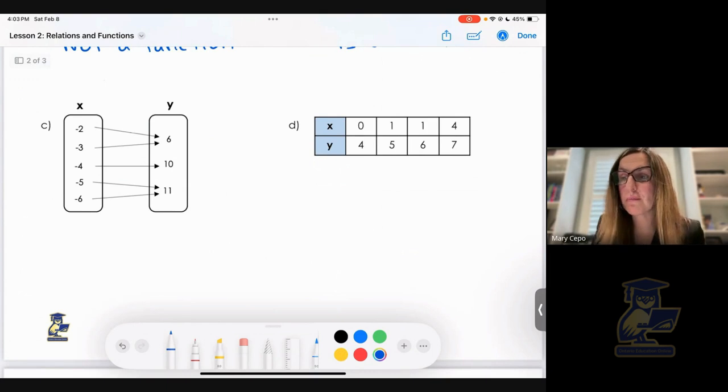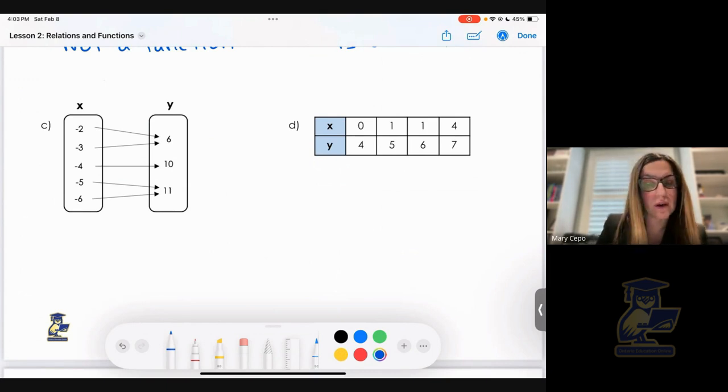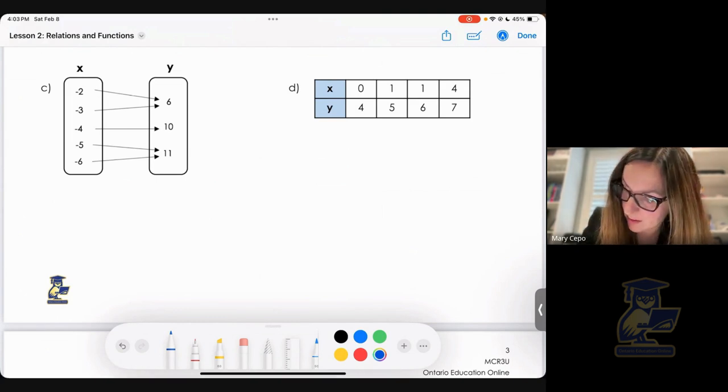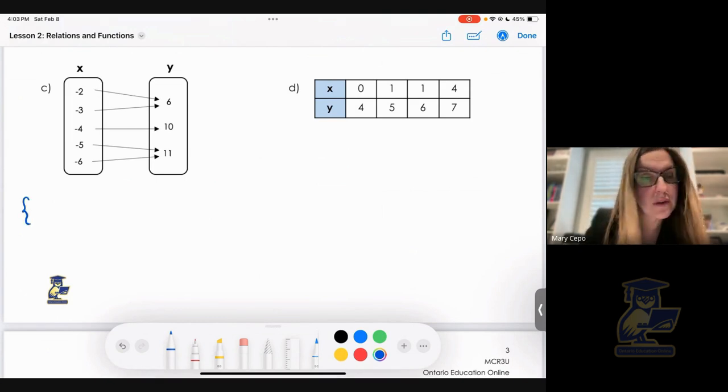Okay, looking at our mapping diagram, we have a set of x values and we have a set of y values. Again, sometimes it's easier to rewrite the mapping diagram and show your relation as ordered pairs. And then we can quickly see whether it's a function. So let's put our set notation.